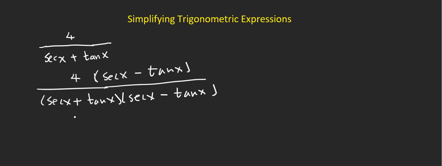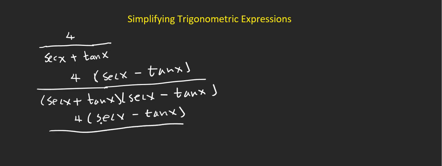So notice what happens. The top stays the same, but the bottom, when you multiply it out, you are going to cancel out the middle terms. So you end up getting secant square x minus tangent square x.